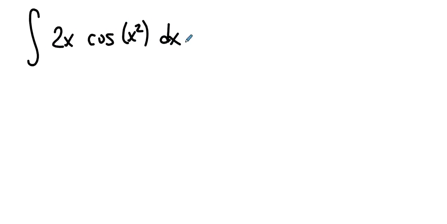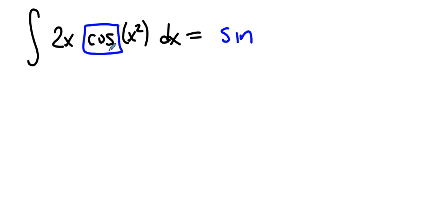And here's what I mean by that. Let's pretend that we're looking to find this indefinite integral. And we're thinking to ourselves, wait a second. The antiderivative of cosine involves sine.